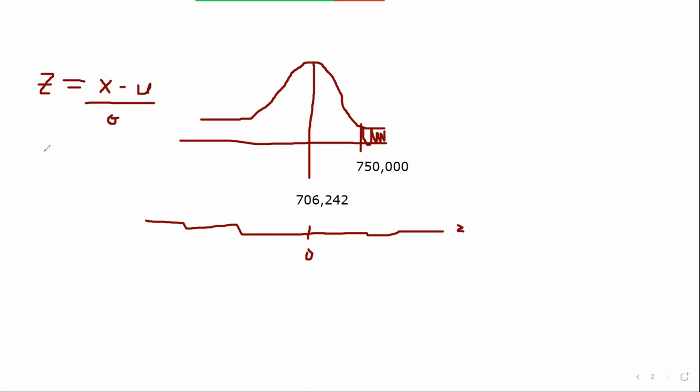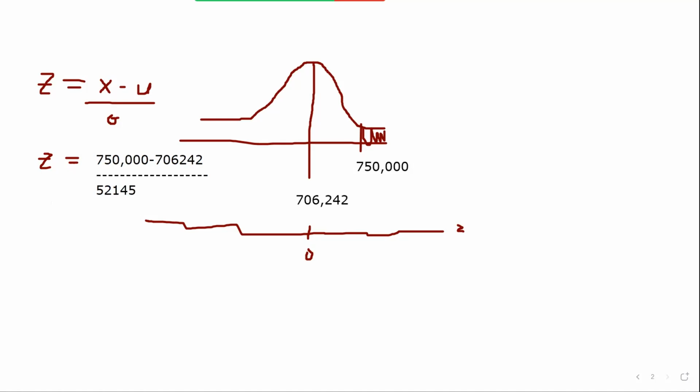So this is going to be 750,000 minus my mean, which is 706,242, and I'm going to divide that by my standard deviation, which is 52,145. So let's do that and see what we get.